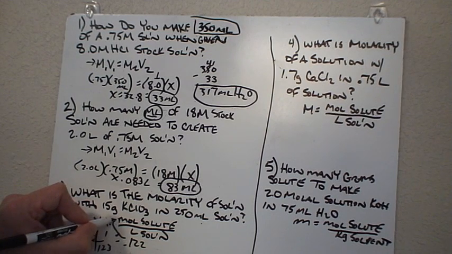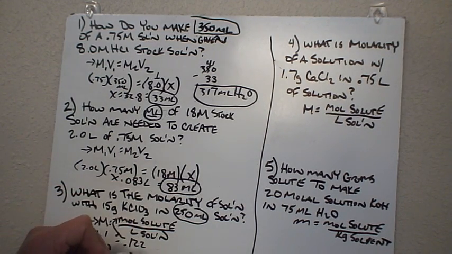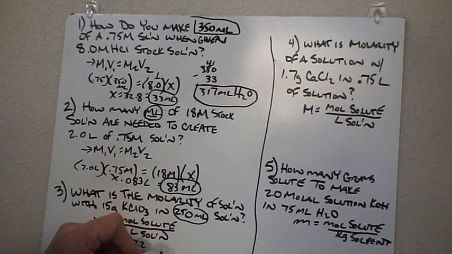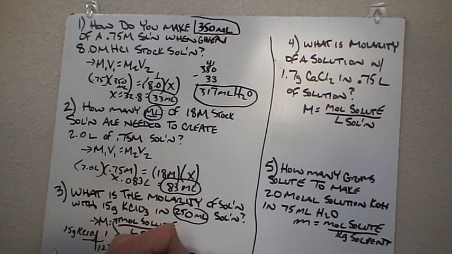That's going to be my moles of solute, but I also have to convert this into liters. So 0.122 divided by 0.25, and that's going to give me an answer of 0.4878. Okay, and if you go to two significant figures, that gives me an answer of 0.49.